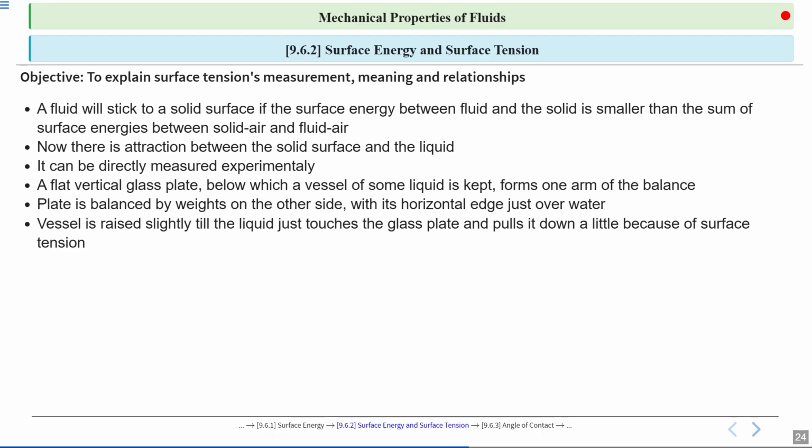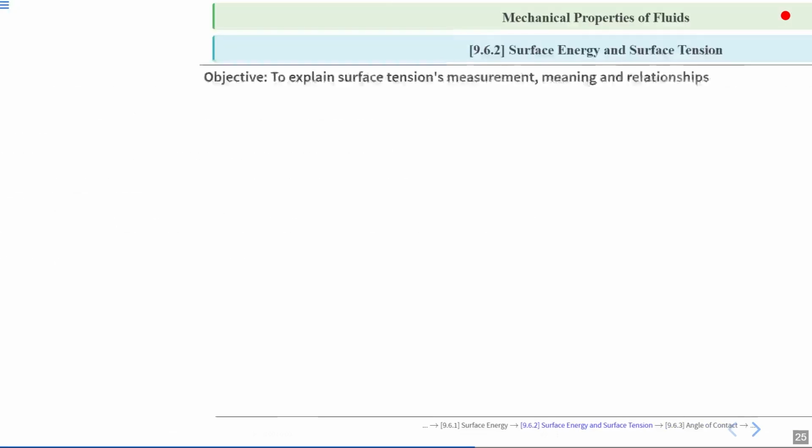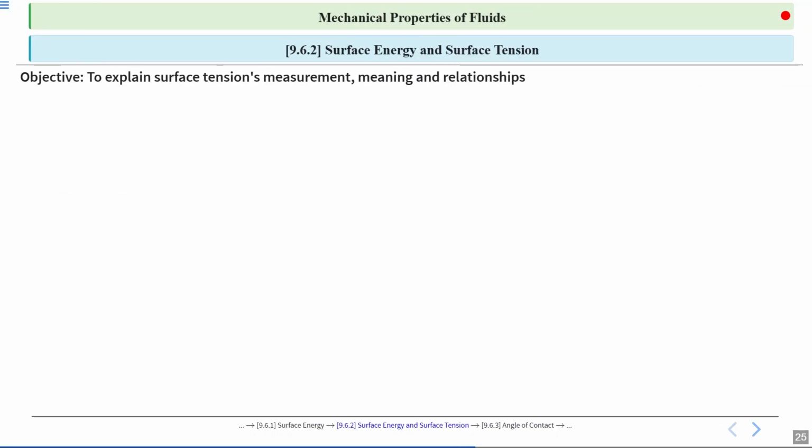At this point, surface tension pulls the plate down slightly. This pull is due to the cohesive forces at the liquid's surface, and it is what we are aiming to measure. Weights are added till the plate just clears the water. Suppose the additional weight required is W.